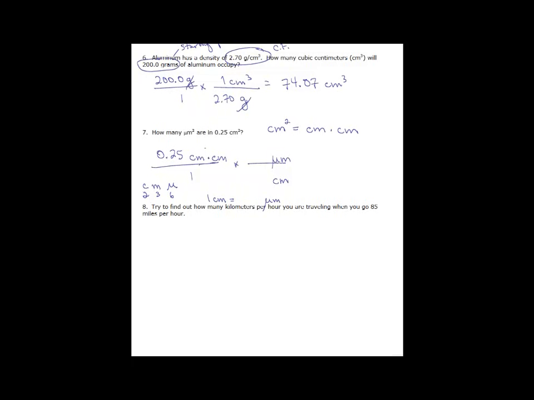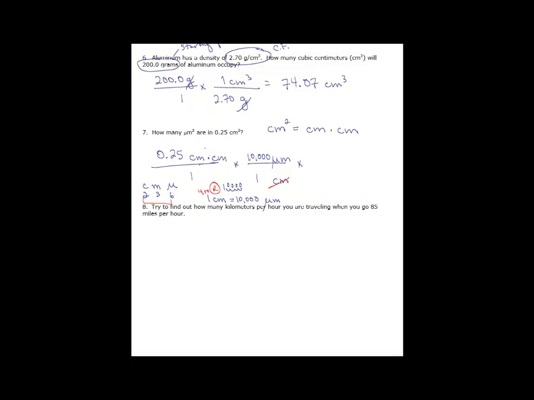So we're going from centi to micro, so it's going to be 4 to the right. So it's going to be 10,000. 1, 2, 3, 4. And fill in those zeros. Okay, so 1 centimeter is 10,000 micrometers.